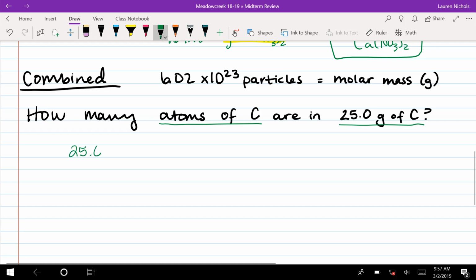So I put 25.0 grams of carbon divided by, I follow my pattern, I put grams of carbon at the bottom, and I put what I'm looking for on the top only because it's a one-step problem. I'm talking about the exact same chemical the whole question. It's always carbon.